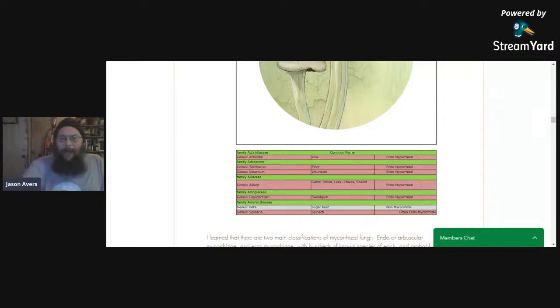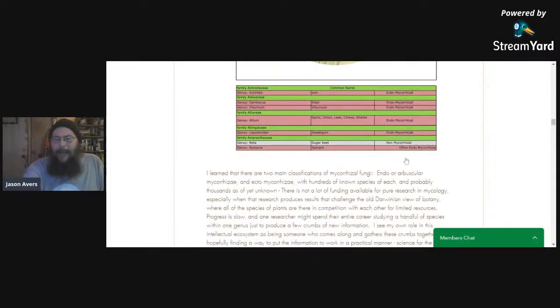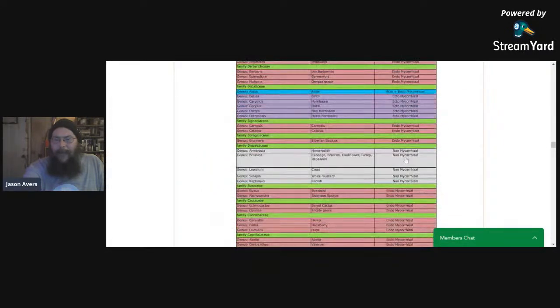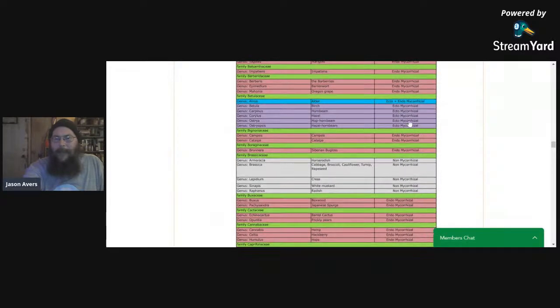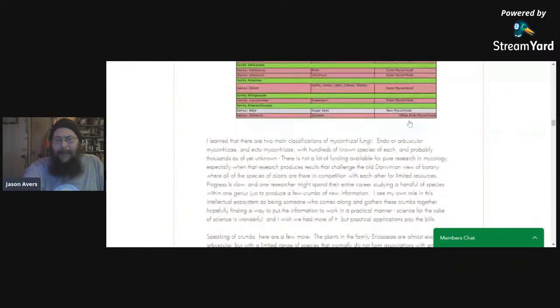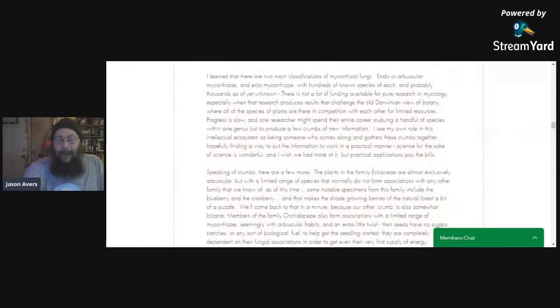For example, your kiwi is not going to associate with something that uses a different network. For example, here's birch, which is ectomycorrhizal. They're not going to have the same type of fungi, and they're not going to have the same associations. This is, of course, why in Dr. Simard's experiment, birch and fir had a communication going with each other, but the cedar, which is an endomycorrhizal or arbuscular mycorrhizal plant, wasn't involved in that conversation. They weren't connected.